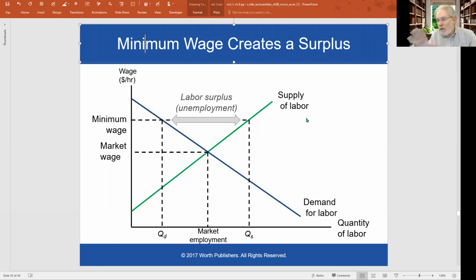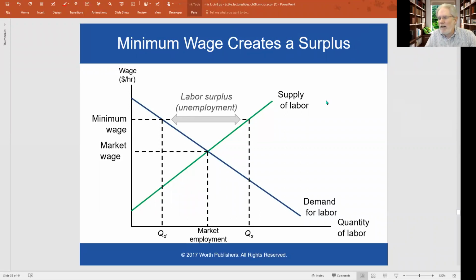So as we go through things like this, try to see them as just another application of things we're already talking about. This is not something that's totally new. Okay? So we have the demand for labor. Stop and ask yourself, well, who demands labor? Who hires workers? Obviously that would be businesses.